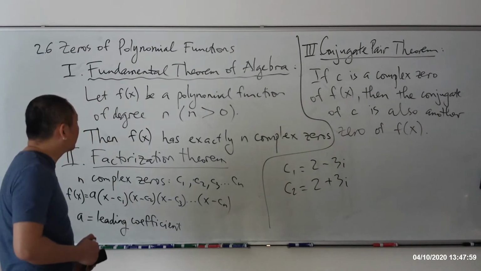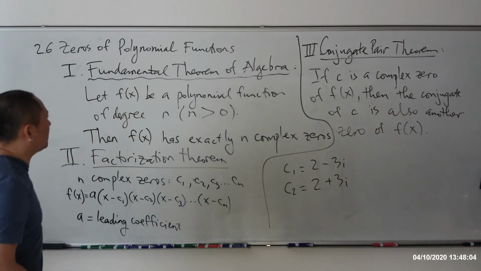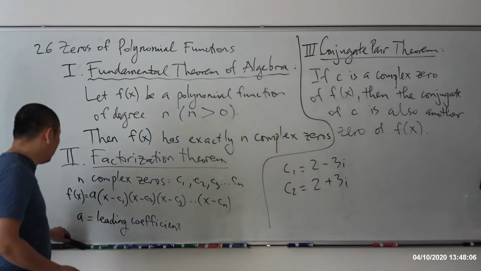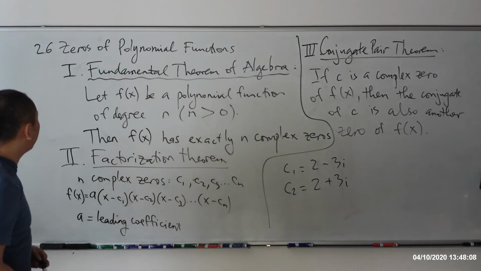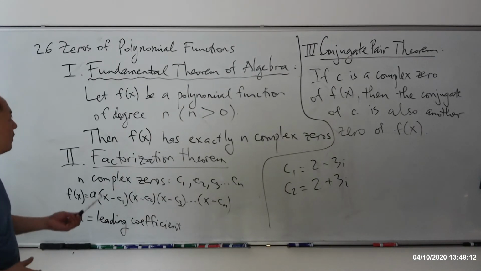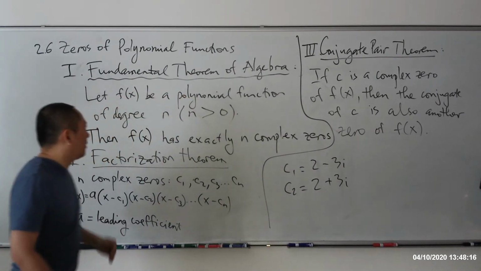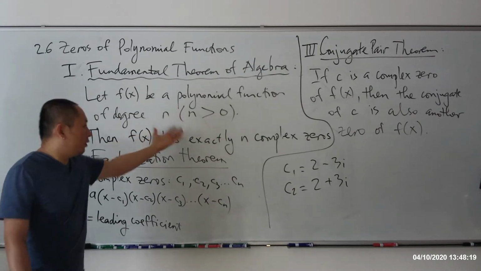All right. Now let's see some application, some use of the three big theorems. But before we move on to that, let's recall the three. The first theorem, called the fundamental theorem of algebra, says a polynomial of degree n gives you n zeros.